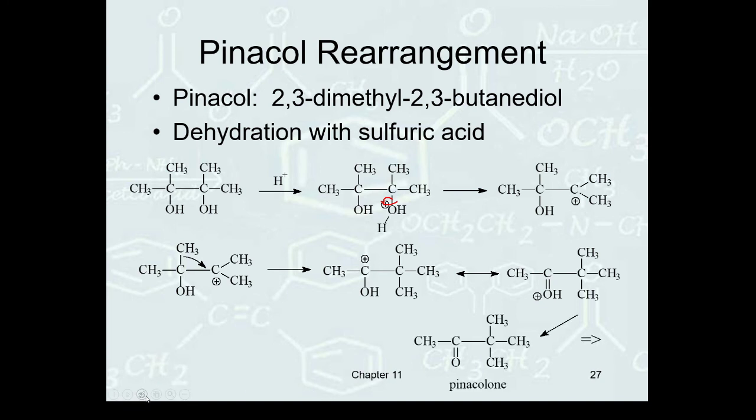I just want to point it out. You end up with a ketone product when you do a dehydration reaction with sulfuric acid. So you do not end up protonating and removing both OH groups. You end up with a ketone on one end and a methyl group on the other side where the other alcohol was.